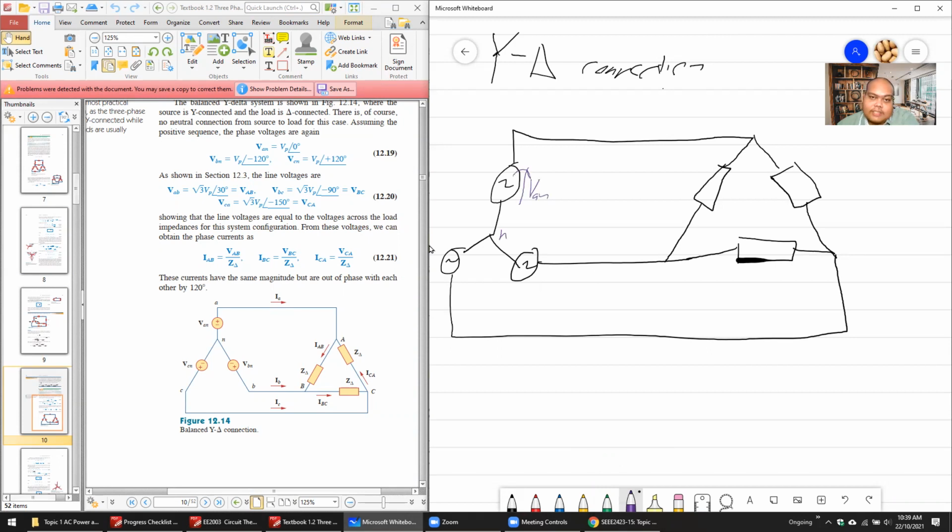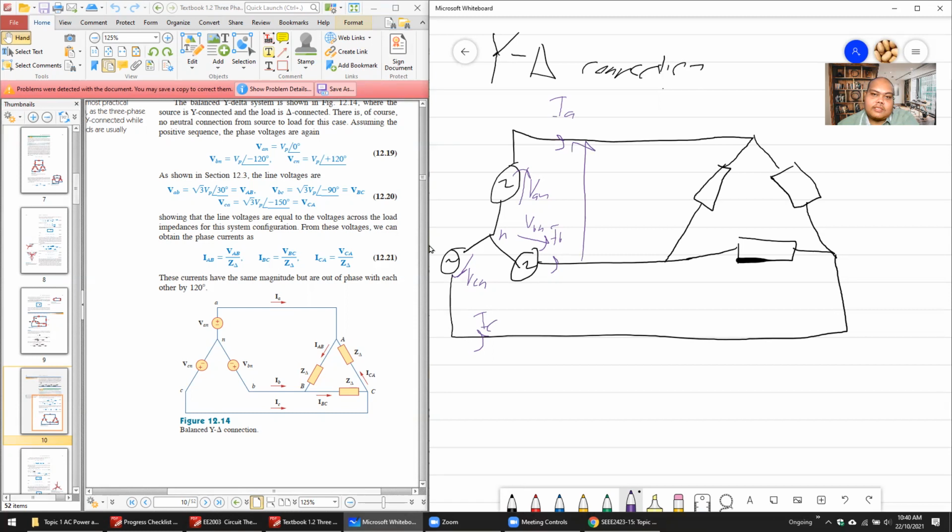Of course, at the top is A. This one is VBN. This one is VCN. So again, the line current, this one is IA, IB, IC. So next, you label it.